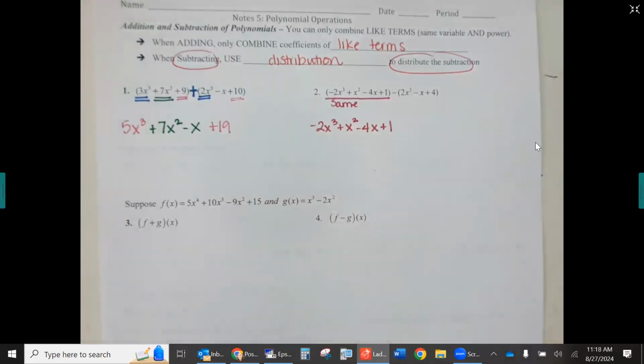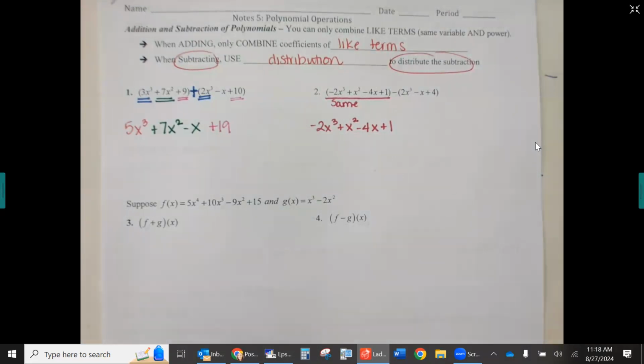Because this isn't the term we're subtracting. This one doesn't have anything in front of the parentheses. But as soon as I see a subtraction, that subtraction is going to apply to everything in that parentheses.